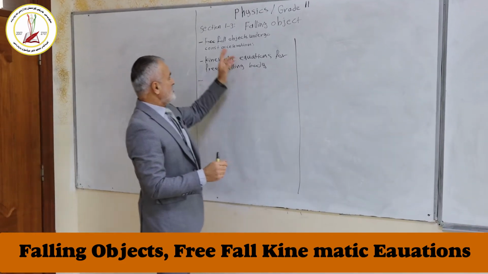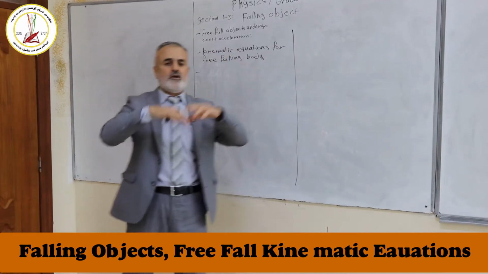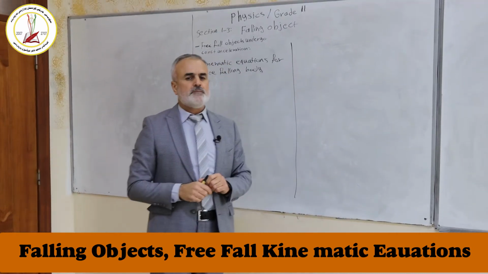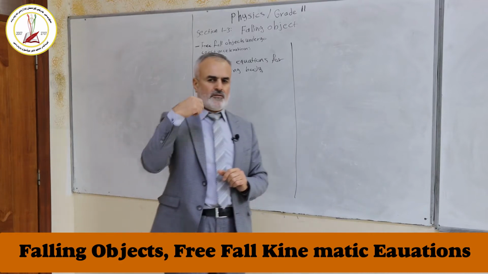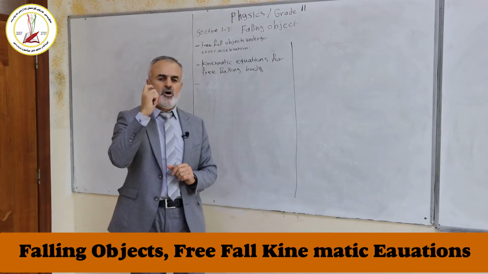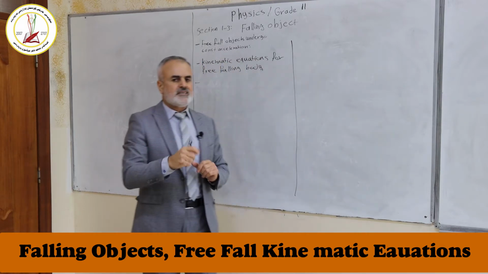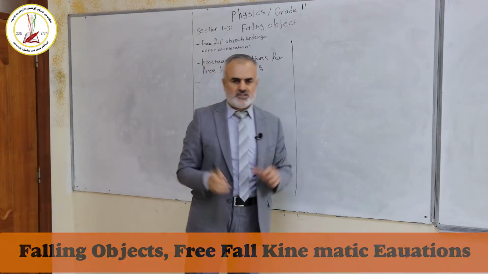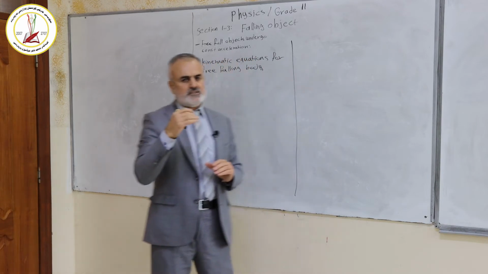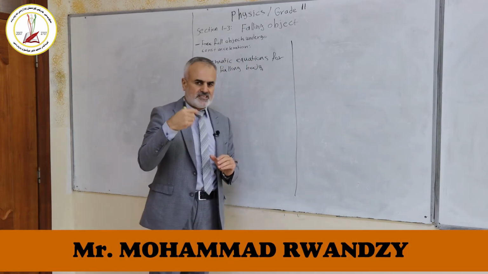Okay, first, student, let me define free falling. Free falling means the motion of an object under only its weight, or under only the gravitational force, the gravity, which is equal to 9.81.